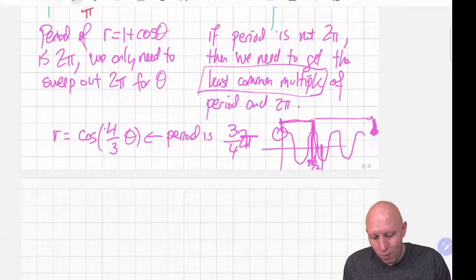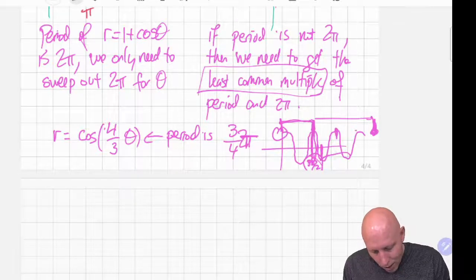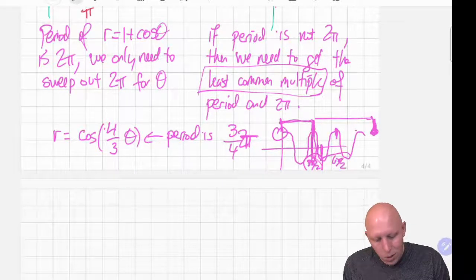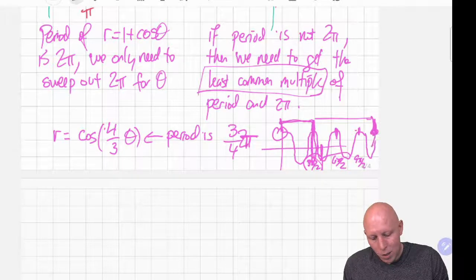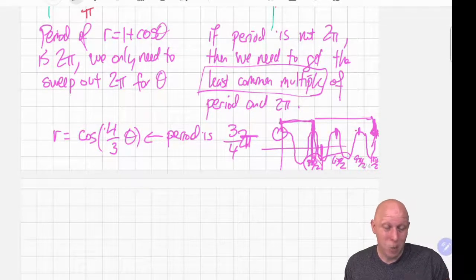So here we are at 3 pi over 2. The next time we come back to the period is at 6 pi over 2, which is 3 pi. The next time is 9 pi over 2. And then the next time is at 12 pi over 2, which is 6 pi, which is a multiple of 2 pi.